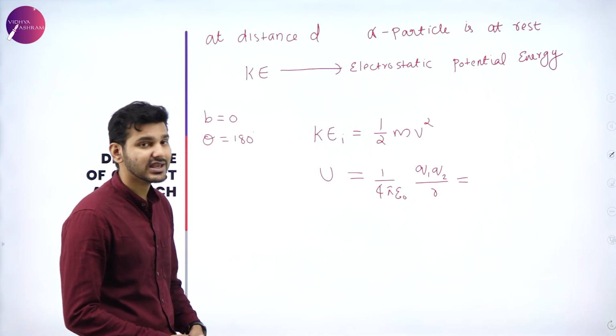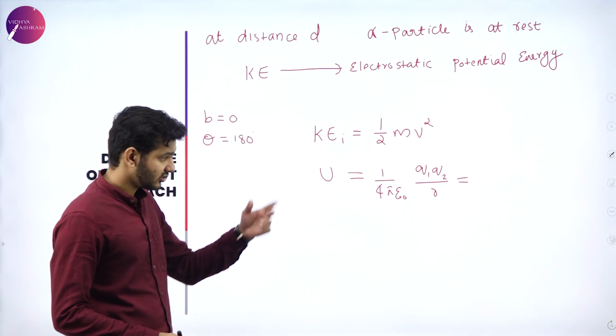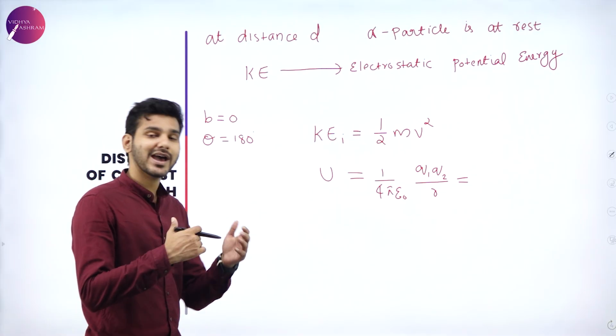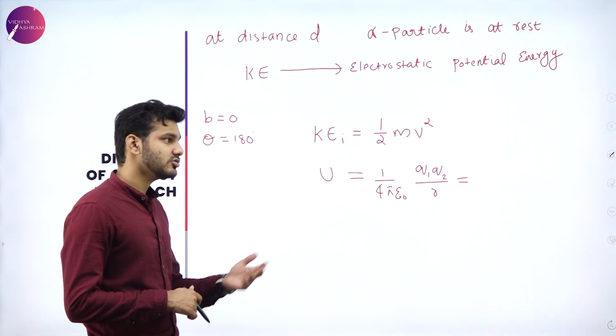But here we have to consider the case of an alpha particle, so the two charges will be, in magnitude, equal to 2 electrons.